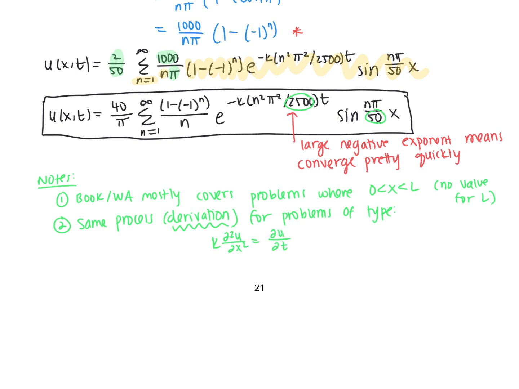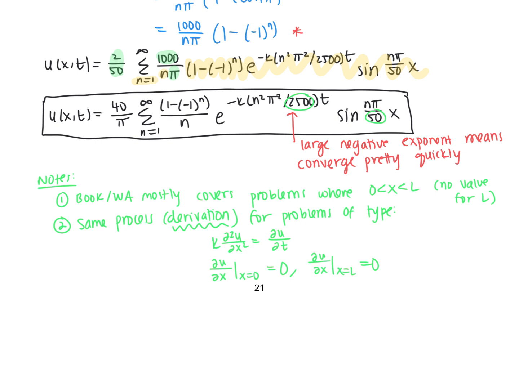It's the conditions that are going to be different. So if you remember, we could also be told that the partial of u with respect to x at x equals 0 is equal to 0, and the partial of u with respect to x at x equals L is equal to 0. So this is telling us that the ends of the rod are insulated.